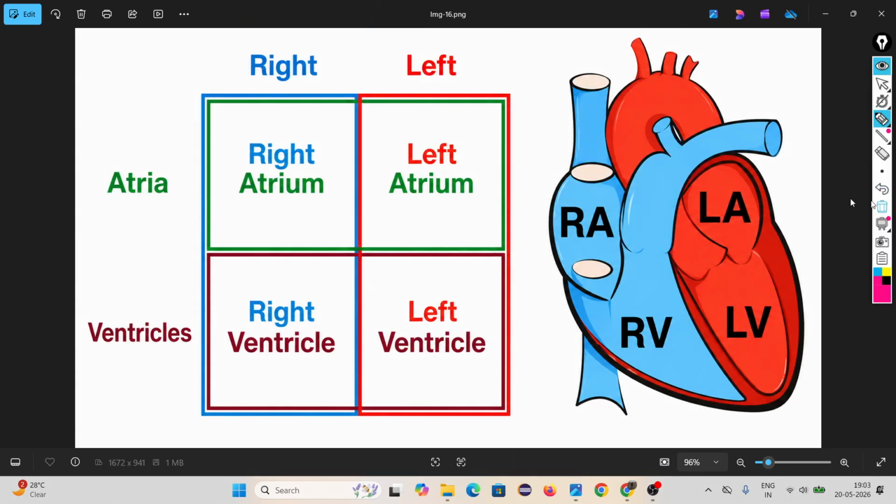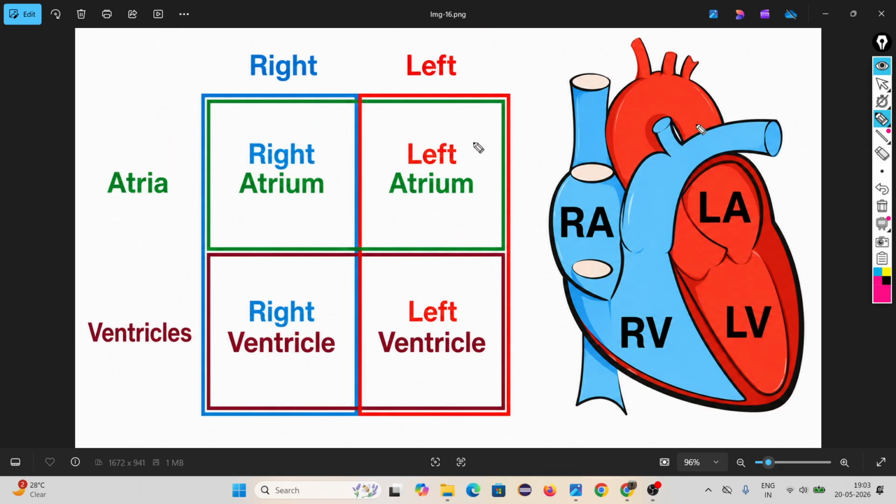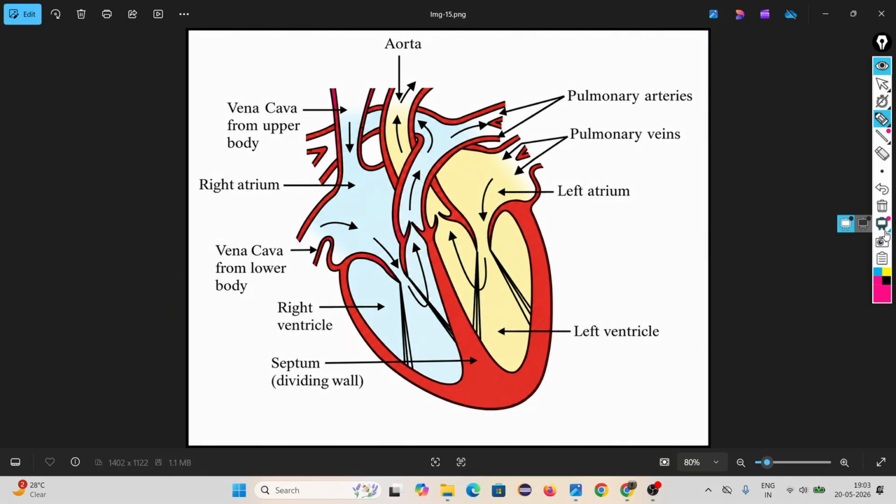These two are only collecting the blood, and these two are pumping the blood. And remember, if you look at this diagram, the right atrium, left atrium, right ventricle and left ventricle are separated.